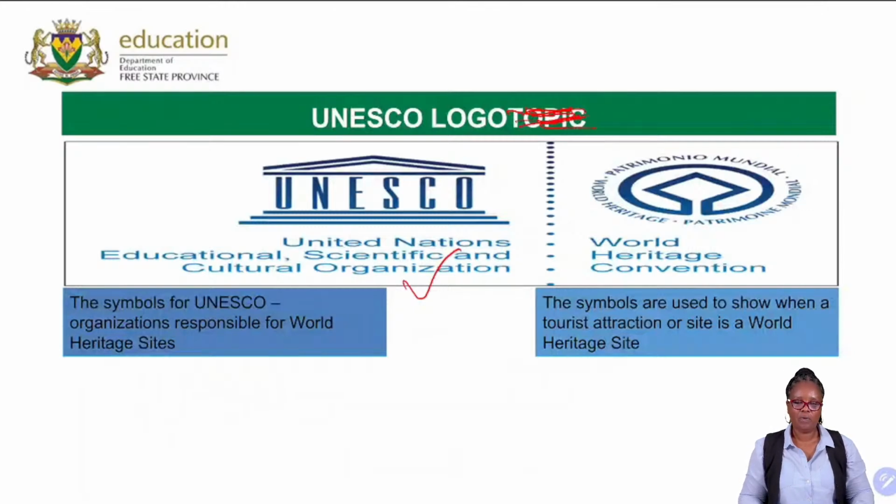UNESCO, you need to know the full meaning. What does UNESCO stand for? United Nations Educational, Scientific, and Cultural Organization. So wherever you see this logo, you have to know that it's a symbol for UNESCO. And what does it use for?